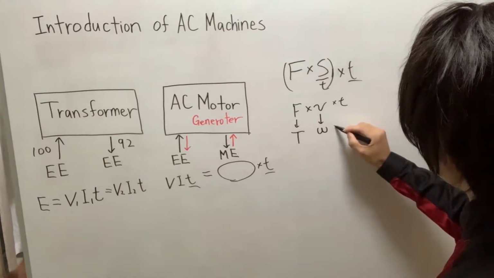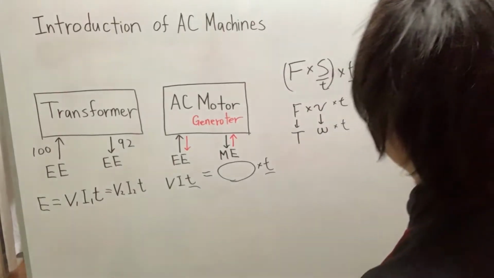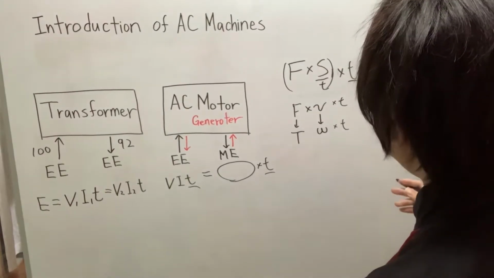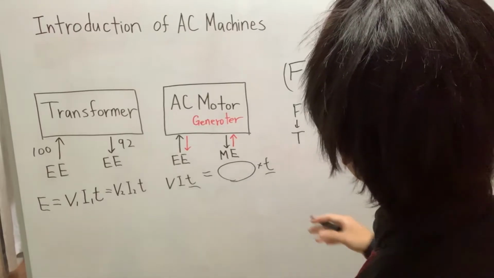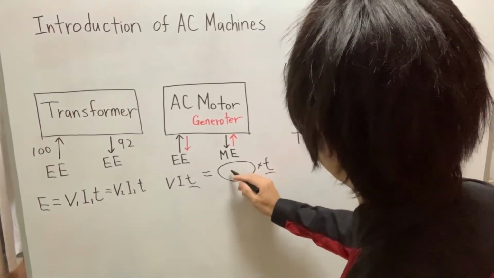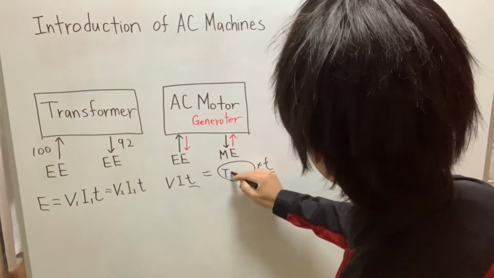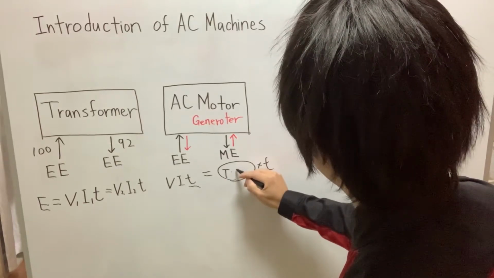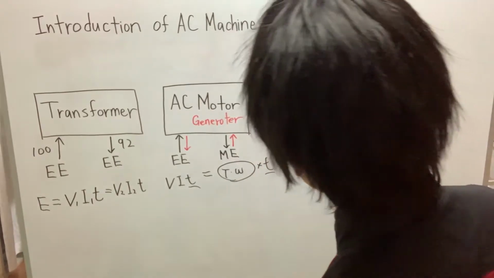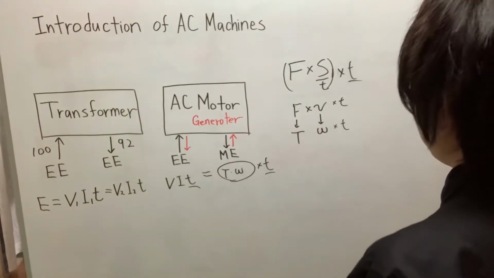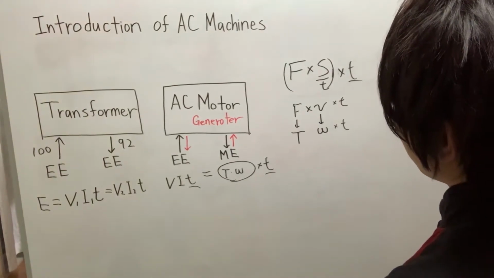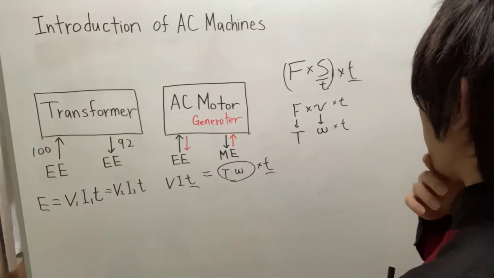This is the time. This is the mechanical energy expression in circular motion. Torque times omega times time, right? So okay, this is it.